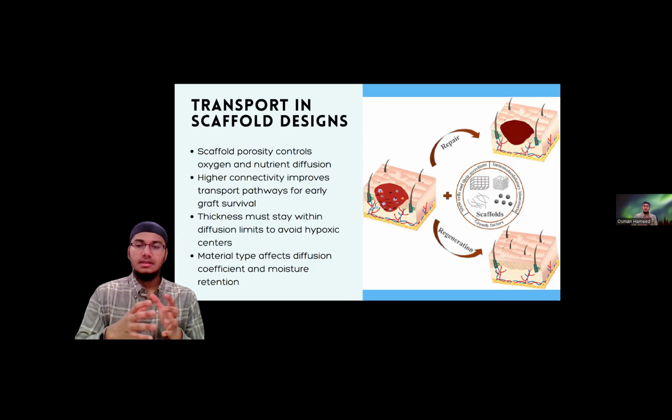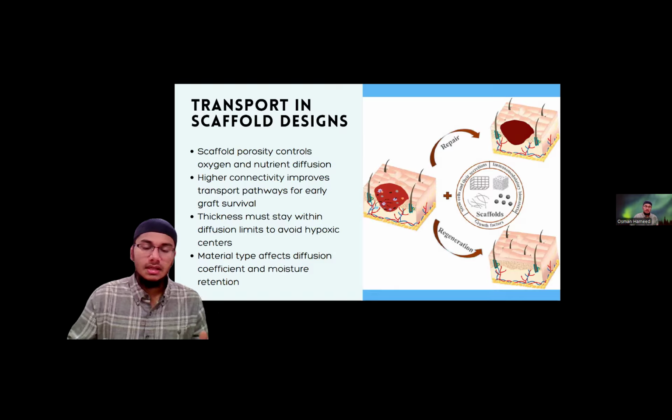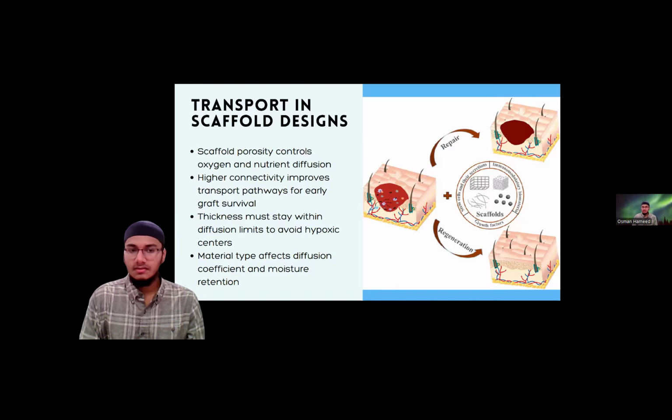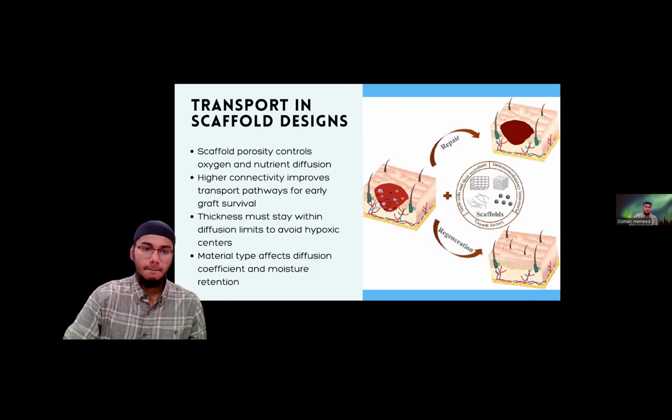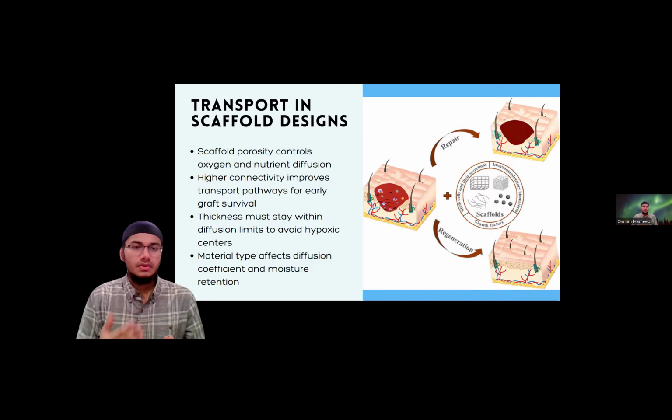How capable is the skin graft of allowing for the transport of the actual medicine to get absorbed within the tissue? These are all really important things, because if there's poor diffusion, then that can also lead to another infection rate as well for the drug delivery. So, in the first few days post implantation of the scaffold, diffusion alone will decide if the graft is going to survive, because that's one of the most important things.